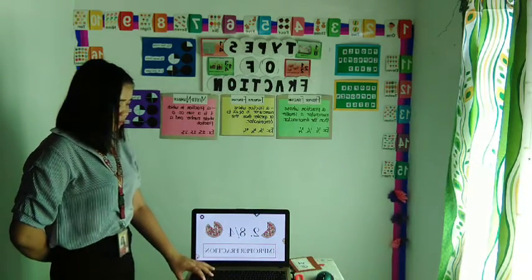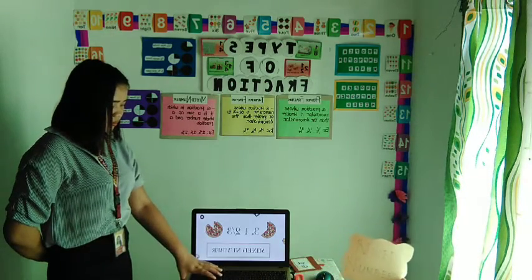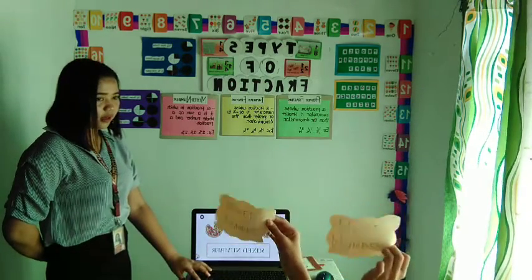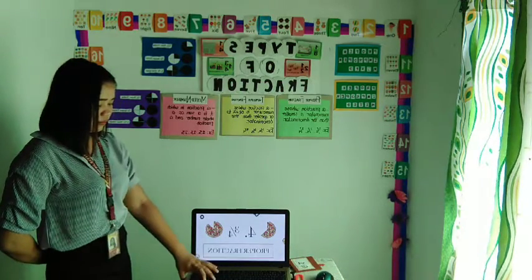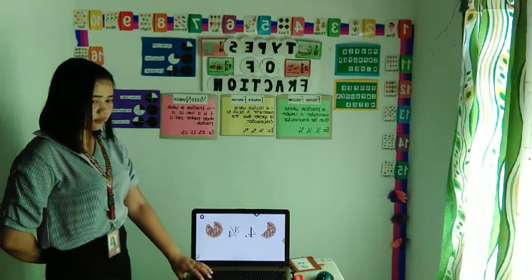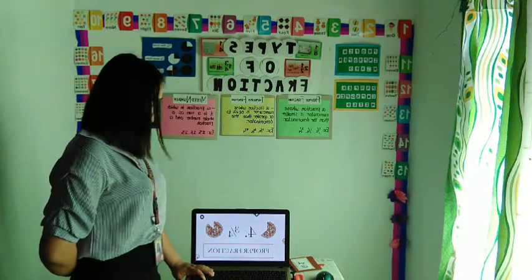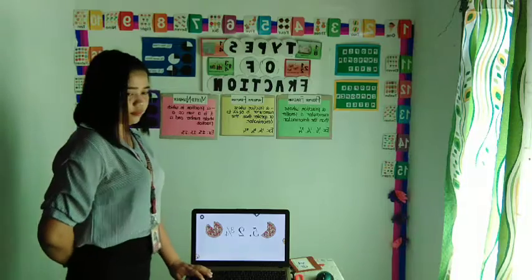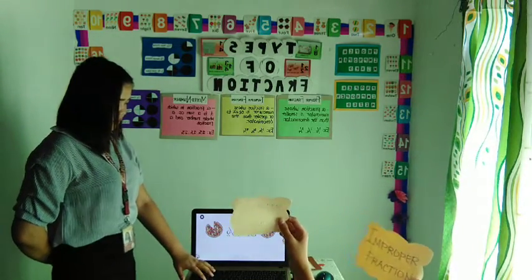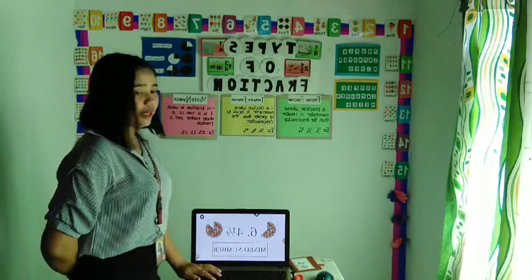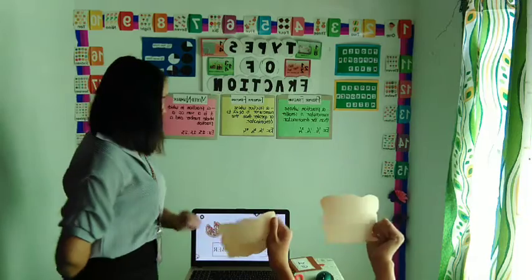Number 3. Mixed number. Very good. Number 4. Proper fraction. Very good. And number 5. Improper fraction. What about number 6? Mixed number. Very good.